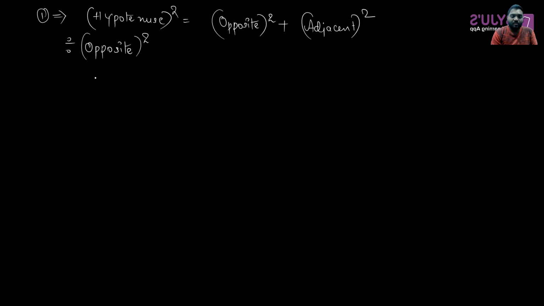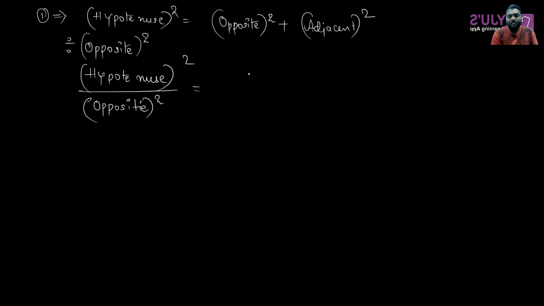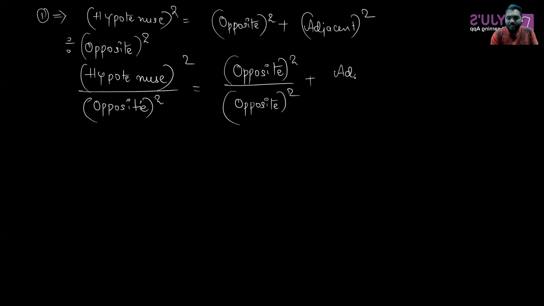When I divide the entire equation with opposite square, then I do get hypotenuse whole square divided with opposite whole square equals to opposite whole square divided with again opposite square plus adjacent square upon opposite square.